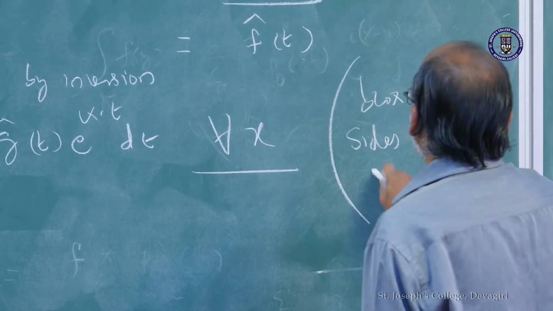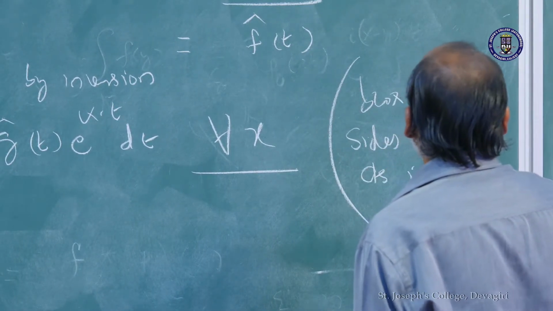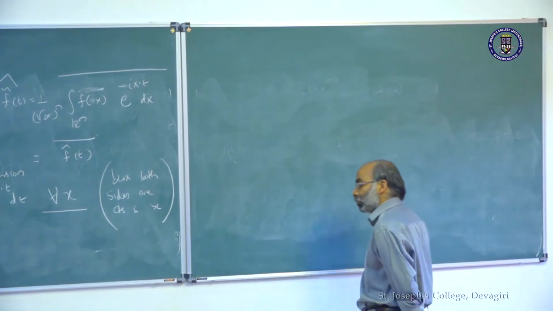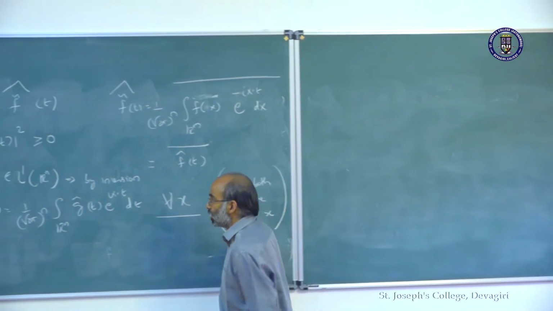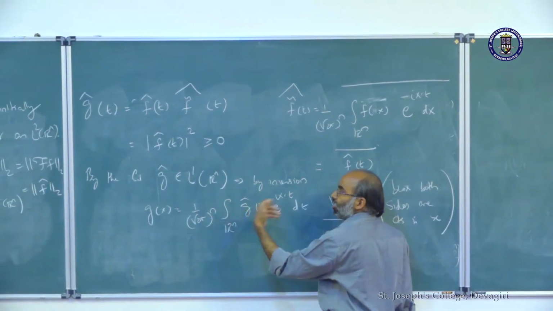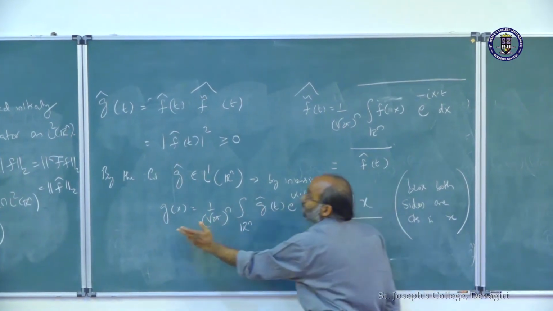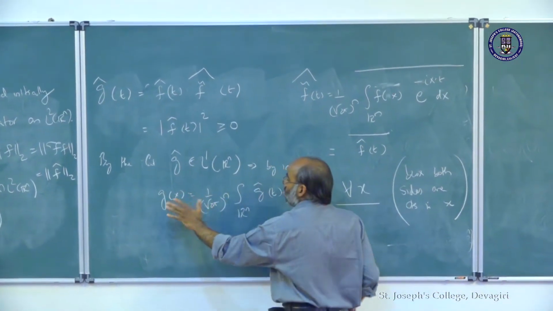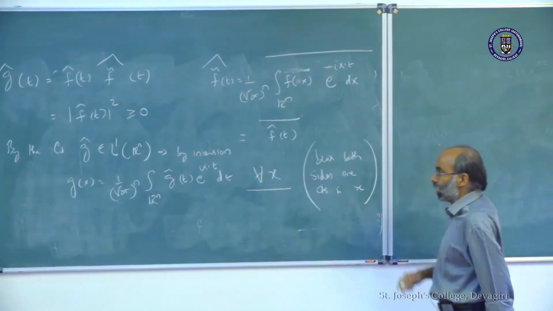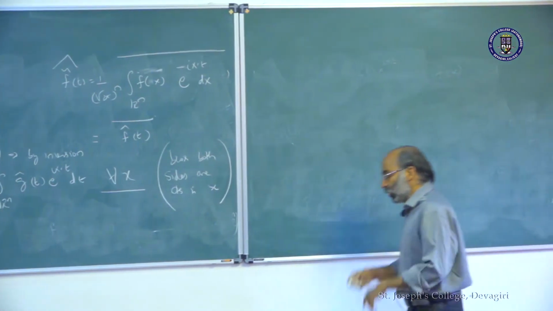Both sides are continuous in x. As a function of x, this is like the Fourier transform of an L1 function, so you know it is continuous. g is continuous because it is a convolution. So, if they are equal almost everywhere, they will be equal for all points, because they are continuous. So, you can put any point.